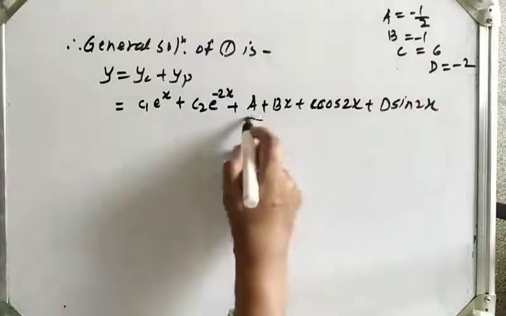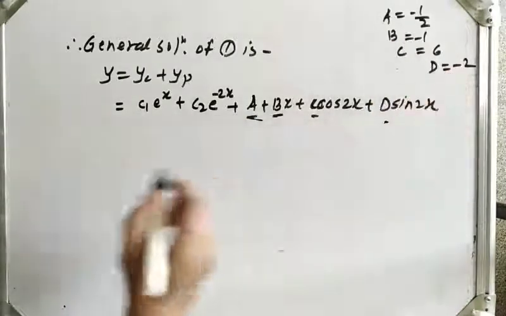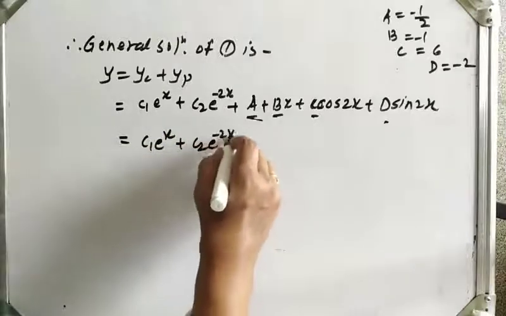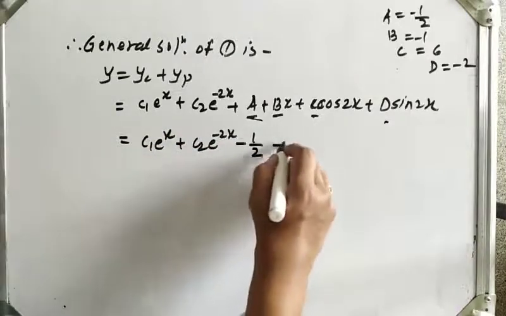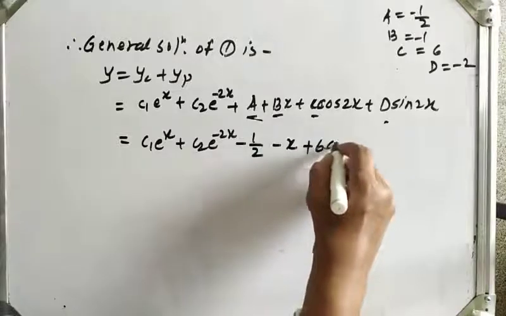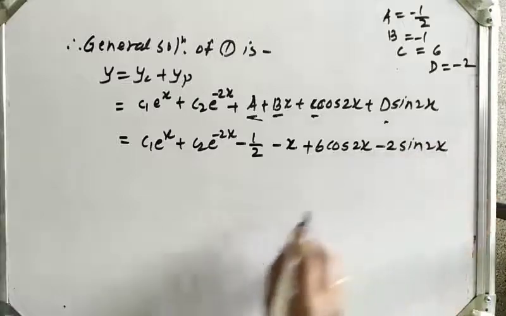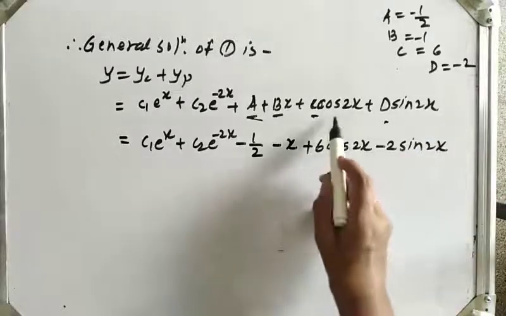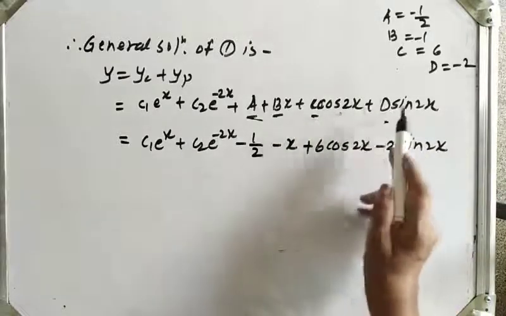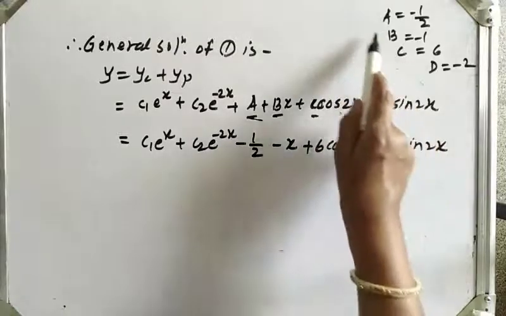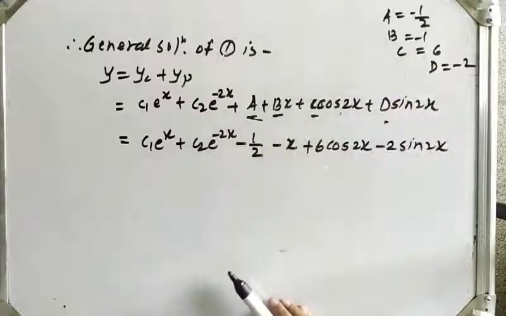Now here we will replace a, b, c and d by these constants, which is equal to c1 e raised to x plus c2 e raised to minus 2x minus half minus x plus 6 cos 2x minus 2 sin 2x. So we replace the constants by the values we calculated. Okay. This is method of undetermined coefficients.